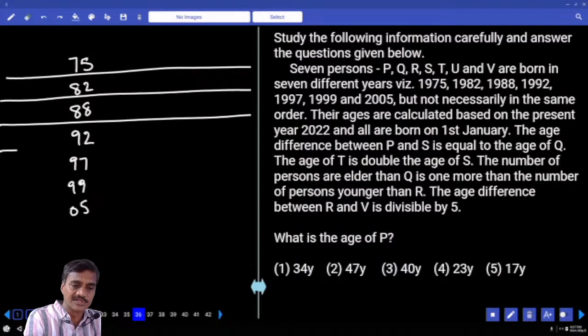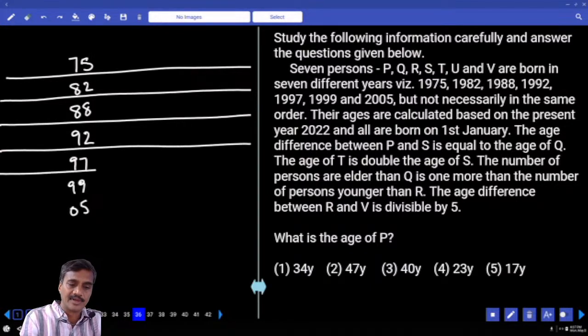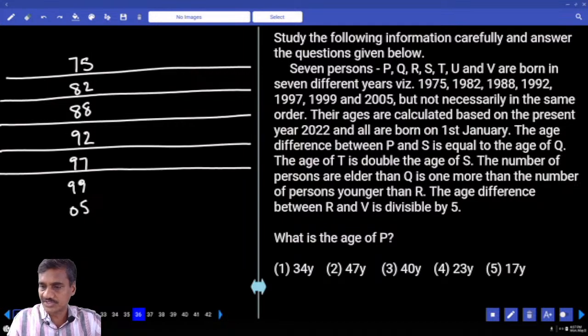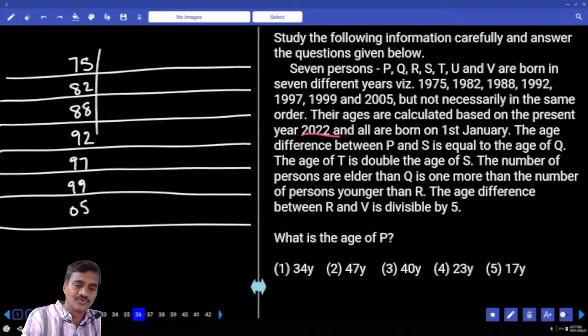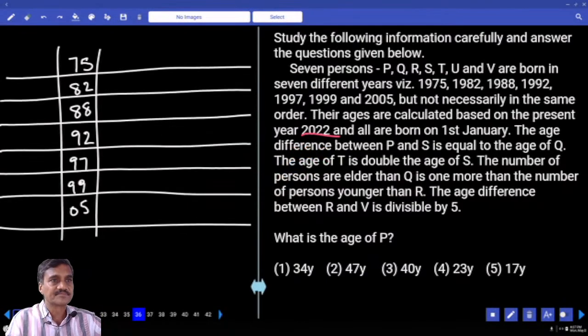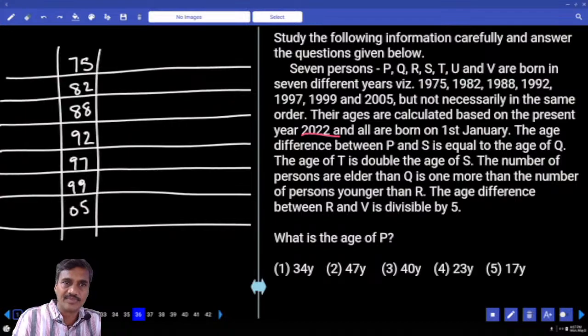And what is the other information we have? The base year. What is the base year we have? 2022. As 2022 is the base year, first we need to write down the years, then their ages. The person who was born in 1975, by 2022, will be how many years of age? 47.